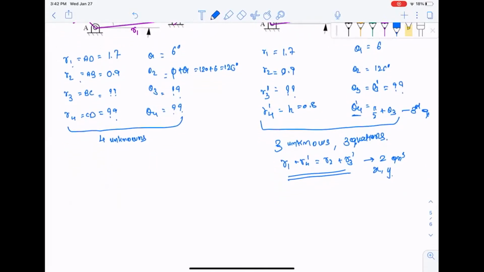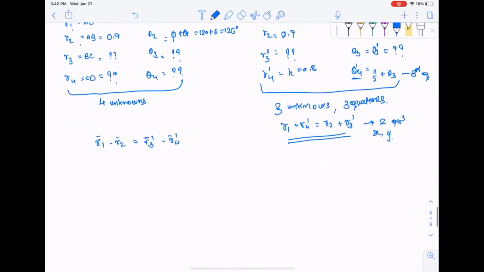Before I begin solving this vector loop, I'm going to do some rearrangement, and that will be R1 minus R2 is equal to R3 dash minus R4 dash. You will realize why I did this sort of arrangement. So I'm going to write the x direction: R1 cos theta 1 minus R2 cos theta 2 is equal to R3 dash cos theta 3 minus R4 dash cos theta 4 dash.